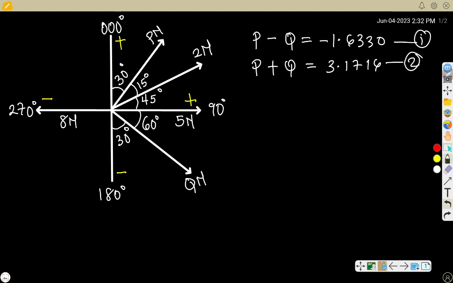For these two equations, we use the elimination method. So add the two equations together. P plus P, so you get 2P equals, minus Q plus Q is 0, so equals minus 1.6330 plus 3.1716.